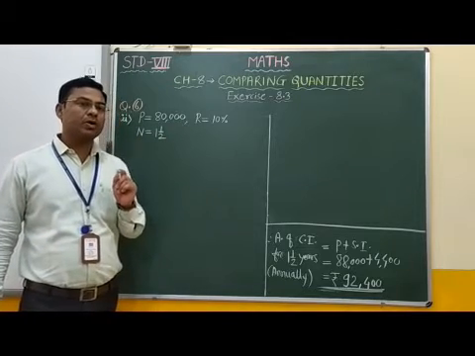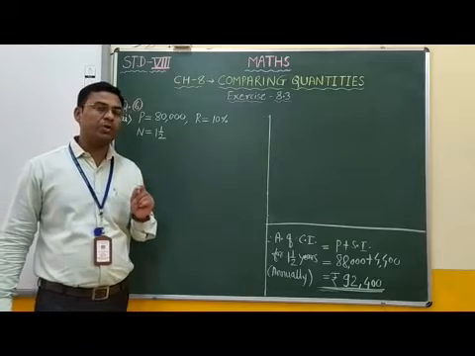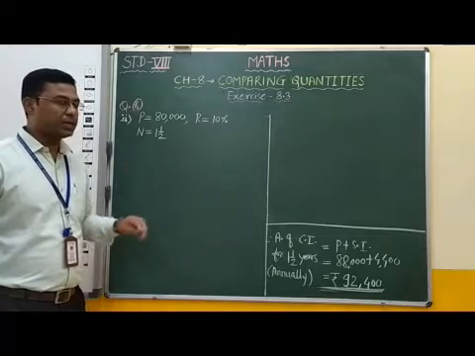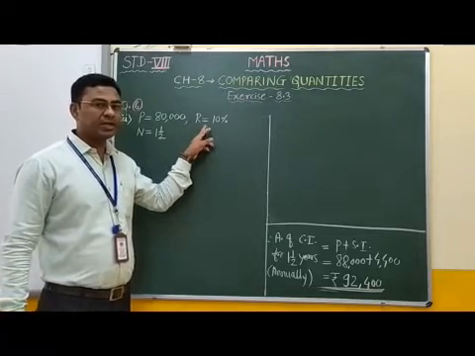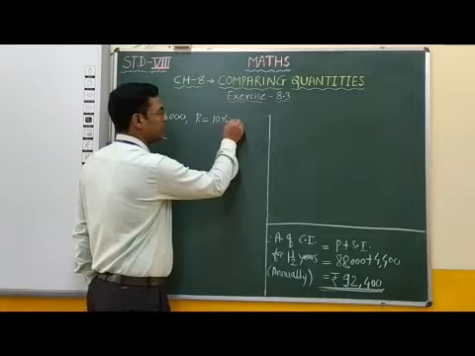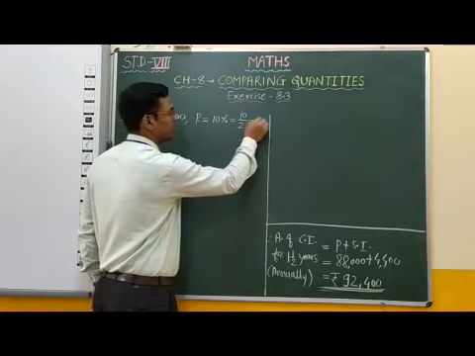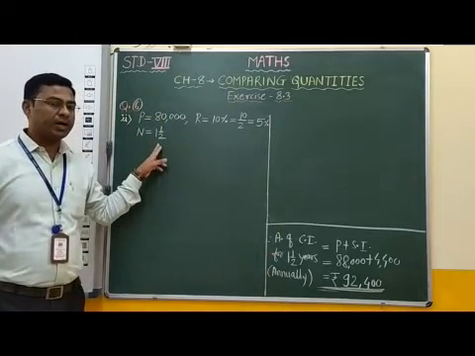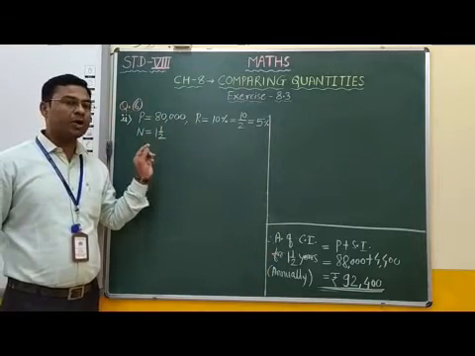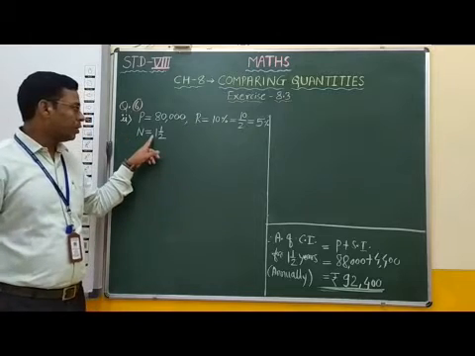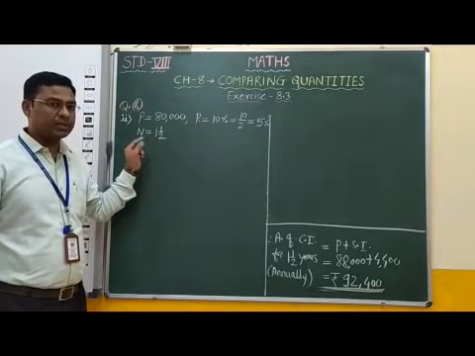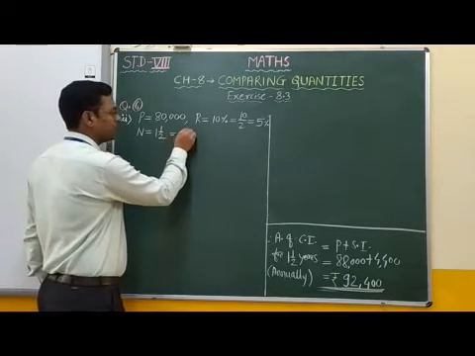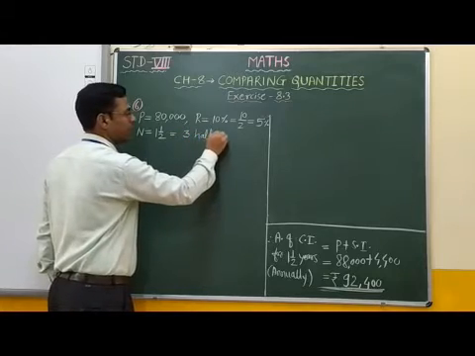To find out the amount of compound interest half yearly, we have to make some changes in the rate of interest and number of years. That is, we have to divide the rate of interest by 2, which is 10 by 2, which is equal to 5. That is 5%. And we have to convert the number of years into number of half years. Now, in 1.5 years, there are 3 half years.